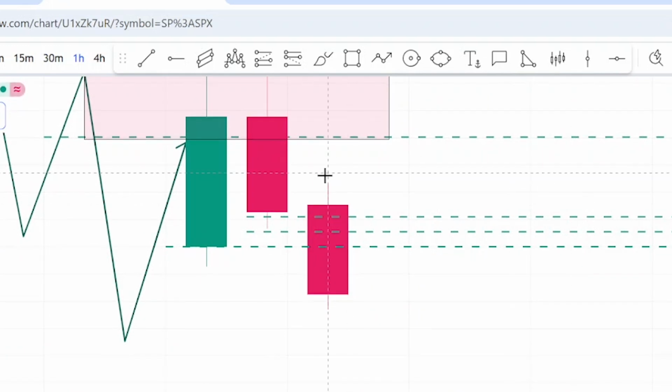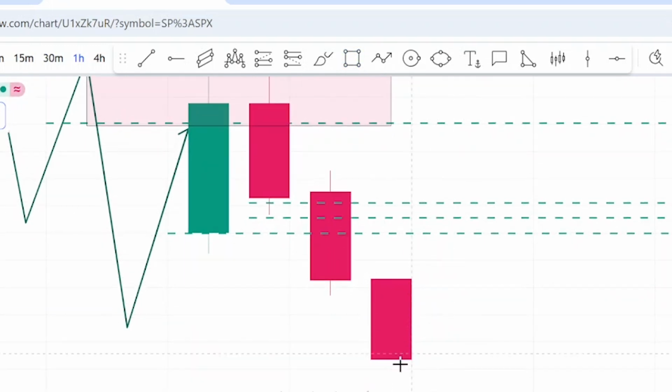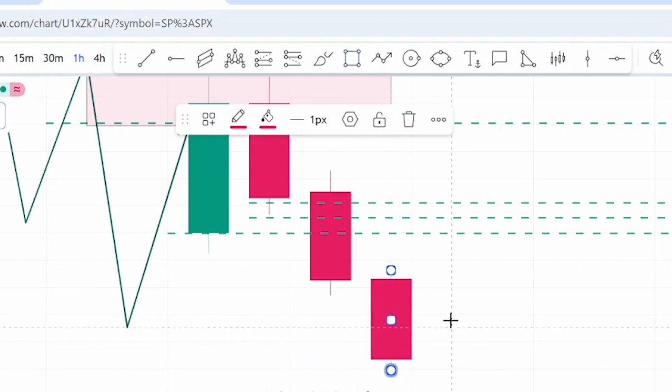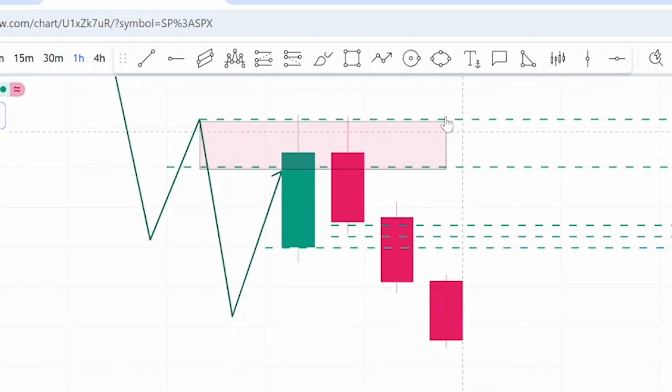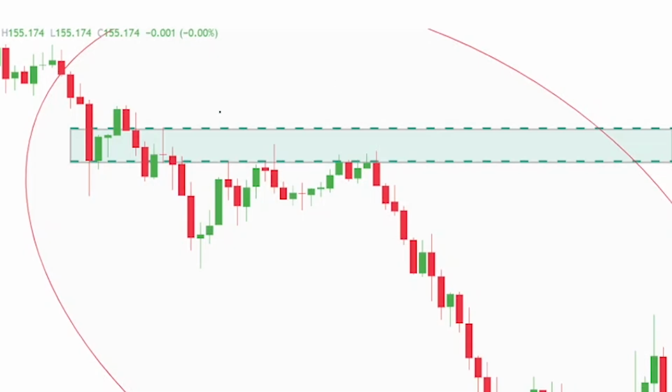So after making a high with the volume, we are expecting the candle to continue with the low. And I'm also expecting the next candlesticks to continue on the downside. Then you enter from that area with that confirmation. Taking a look at these candlesticks, the market was moving down.